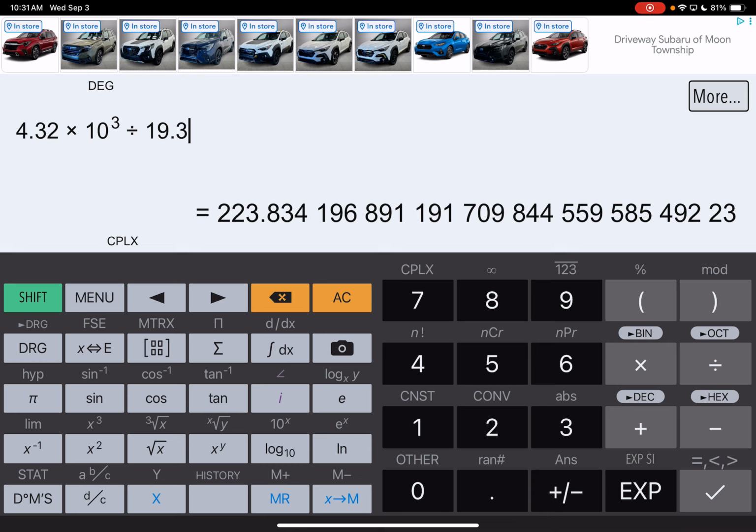Okay, 223.834. I love this because I'm gonna put 224 and someone's gonna be like, how did you know 224? Why didn't you put 223.8? And that's what we get to talk about at the end of class today, is significant figures.